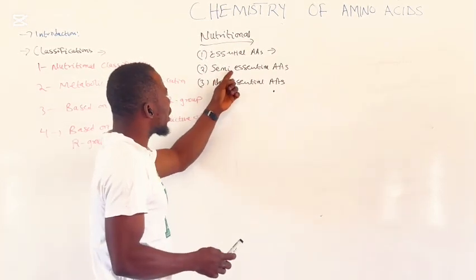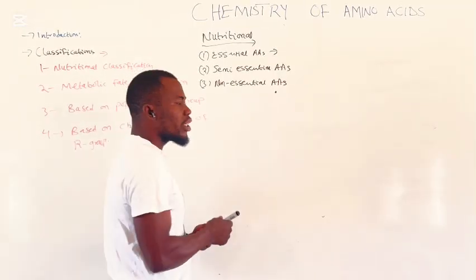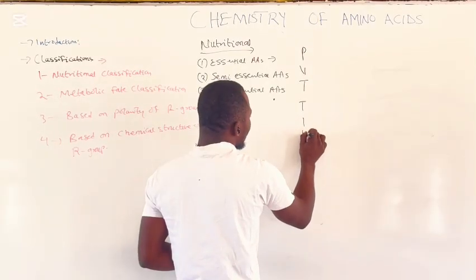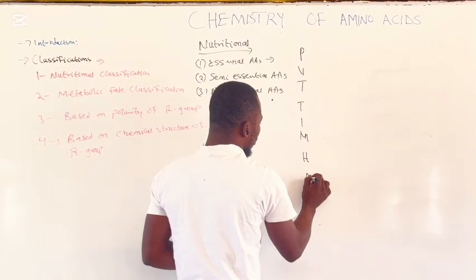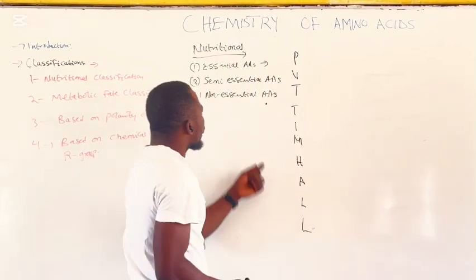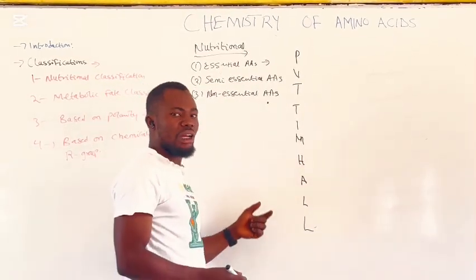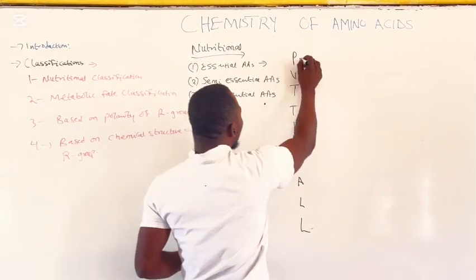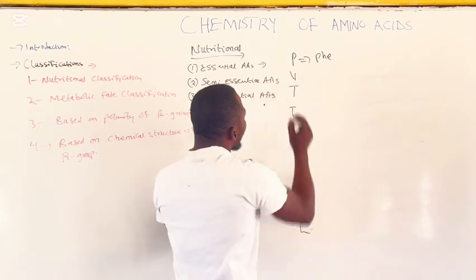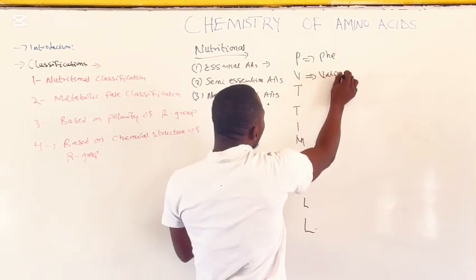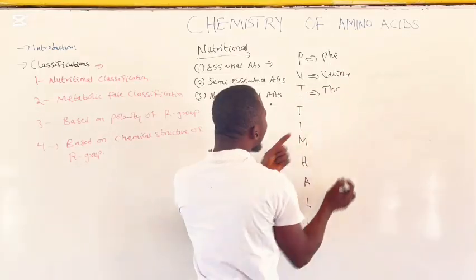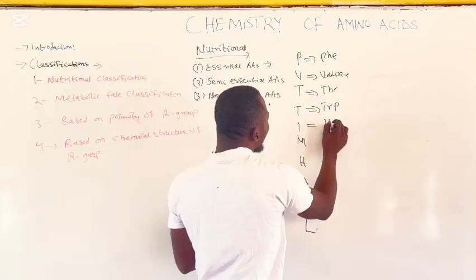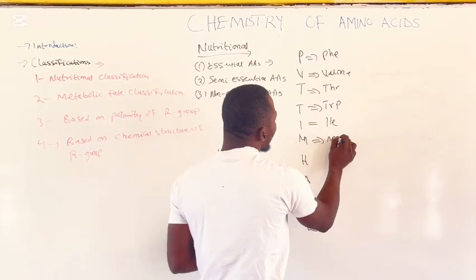The essential amino acids together with the semi-essential amino acids can be remembered using the mnemonic PVT TIM HALL, where P stands for phenylalanine, V is valine, T is threonine, another T is tryptophan, I is isoleucine, M is methionine.